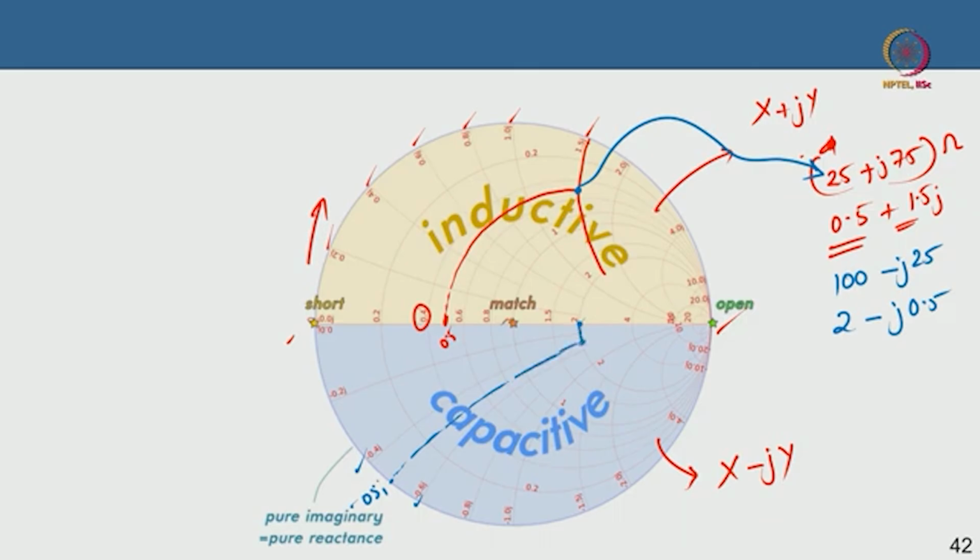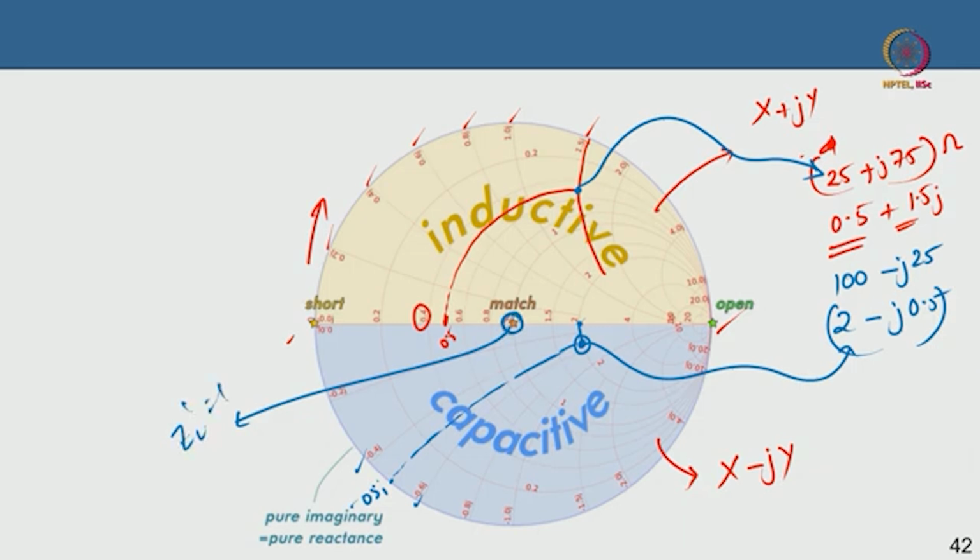So this point is your 2 minus j 0.5. So that is how you read. Everything here, this one, is perfectly matched. This is your ZL dash equal to 1, that is your characteristic impedance, that is your match.